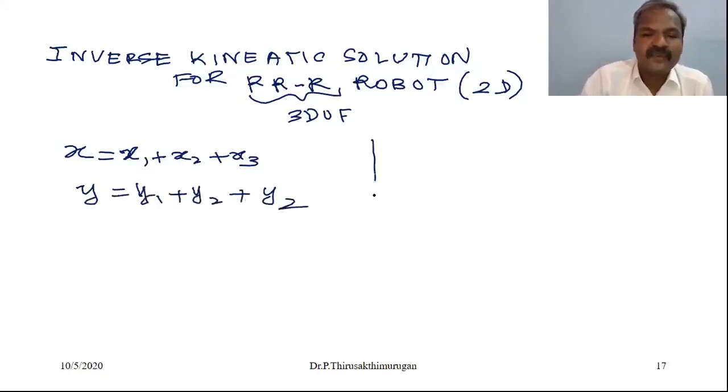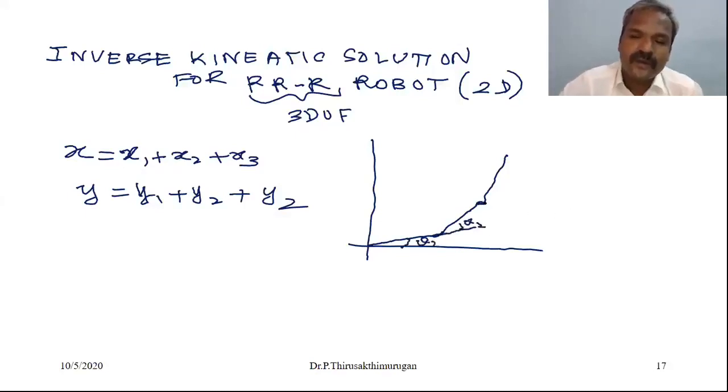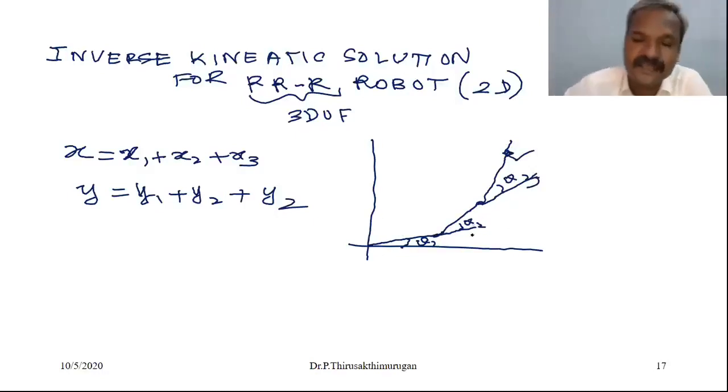Now I consider only these two links. So this angle is theta 1, this angle is theta 2, and this angle is theta 3. We have to find the solution for theta 1, theta 2, theta 3.